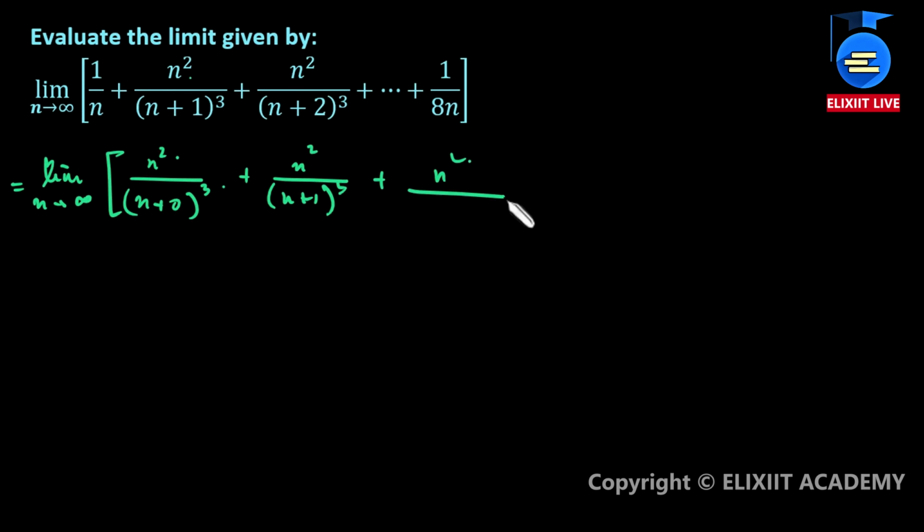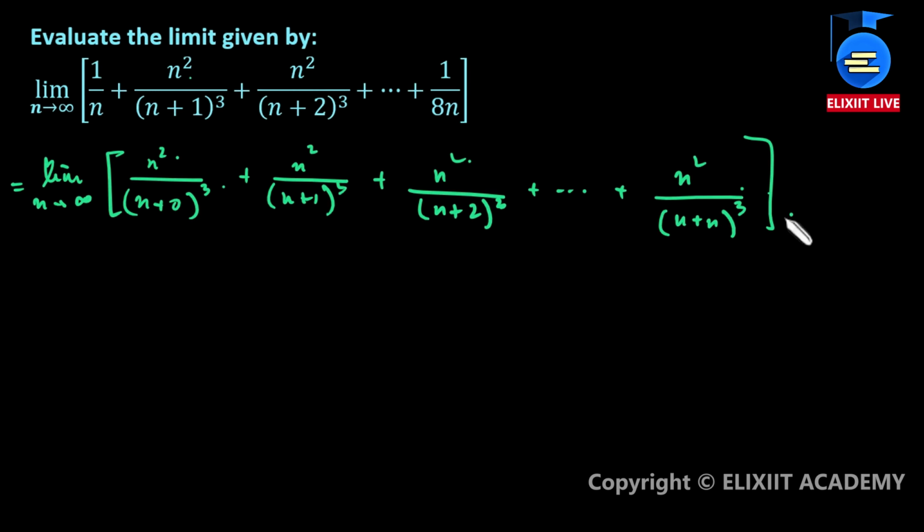The third term is n square upon n plus 2 whole cube, and so on. Now the last term, we have 1 by 8n actually. The numerator will be n square. Now 8n means what? That is basically simply n plus n whole cube, n plus n whole cube, isn't it?